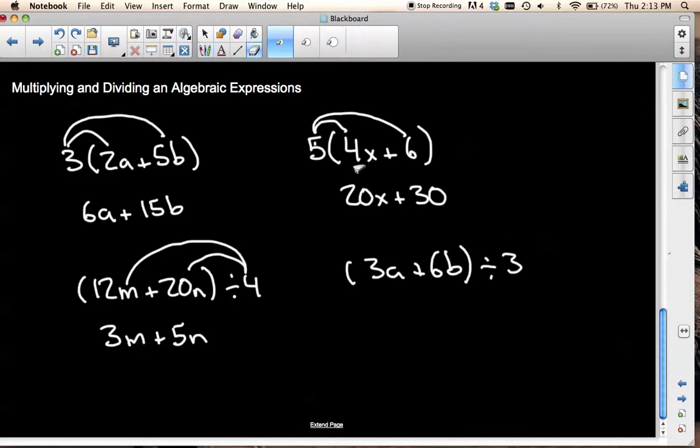Actually, let's just make it 3a plus 6. So we'll do the same thing. Now we have a variable and we have just a constant. We again apply the distributive property to both of these. 3a divided by 3 will give us a, and 6 divided by 3 will give us 2.